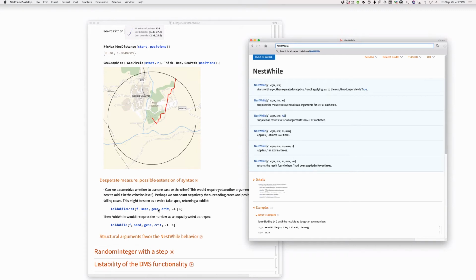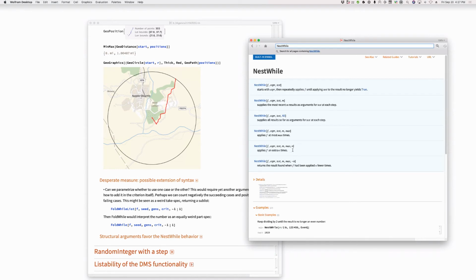Lucas is saying that he prefers NestWhile because it's more similar to FoldWhile. I agree with that. We often apply Most to the result of FoldWhileList. NestWhile can return the nth to last element as well. I see. So that's in fact doing the exact same thing here.